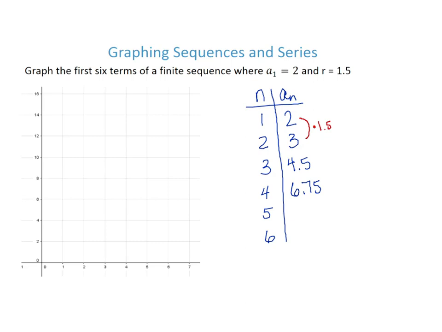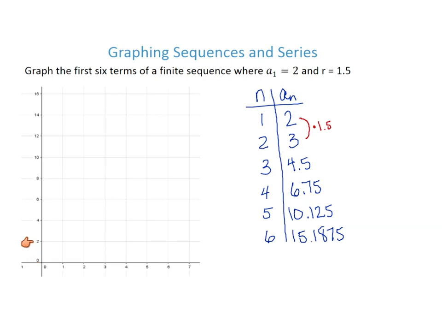Multiply this by 1.5 and you get, I think it's 10.125, but let me just check to be sure. Yep, 10.125. Multiply this by 1.5, and you get 15.1875. And now we plot those points.